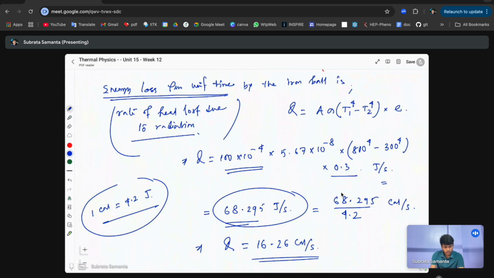Basically, watt is joule per second. So 1 watt is 1 joule per second.